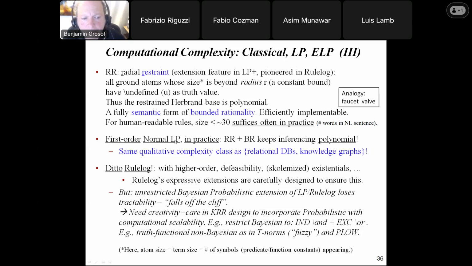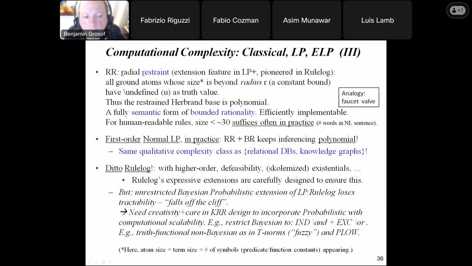Now, first order normal LP in practice, this radial restraint plus the BR restriction keeps inferencing polynomial. And this is the same qualitative complexity class as relational databases and knowledge graphs. I want you to let that sink in.